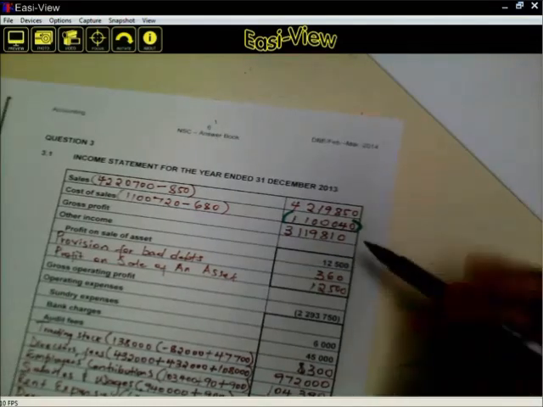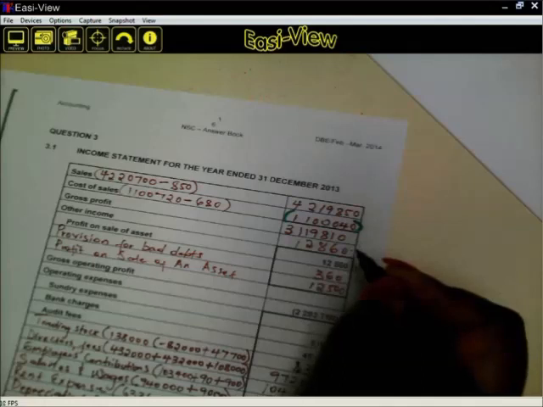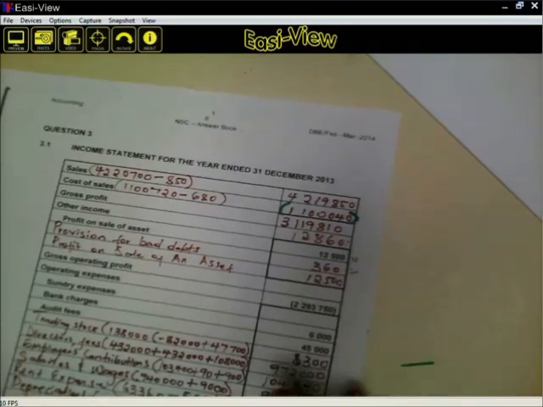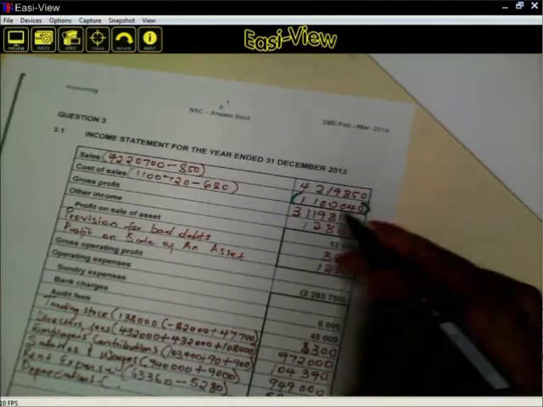So we're just supposed to add all your profits to get the operating profit. 12,500 plus 360, then you'll be having 12,860. So this 12,860 will be your other income.